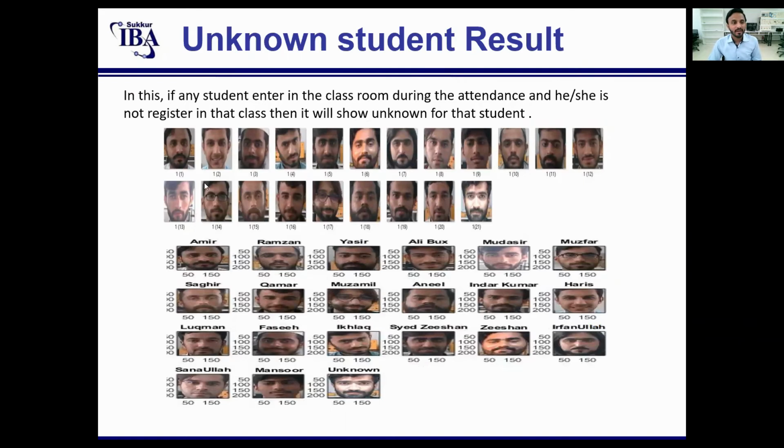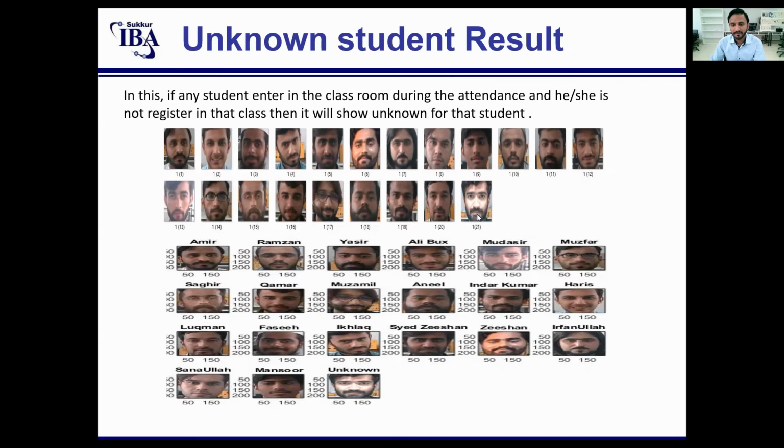Unknown student results. If any student enters the classroom during the attendance and he or she is not registered in that class, then it will show unknown for that student. Like in the previous example, we have taken 20 images that are registered, or we have trained on those 20 images. Now we have inserted one extra image that is not registered in our data set.